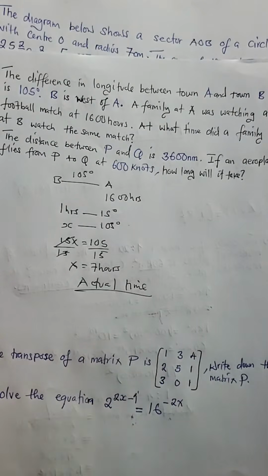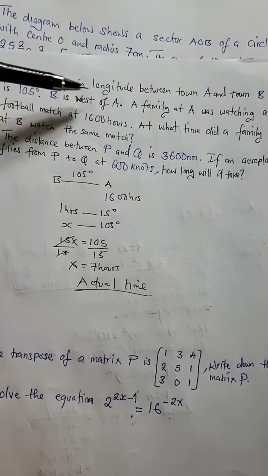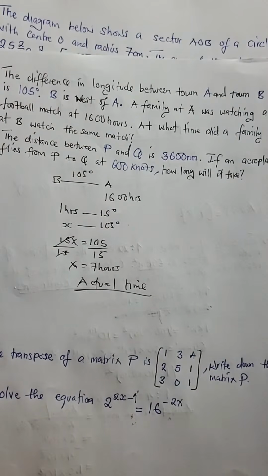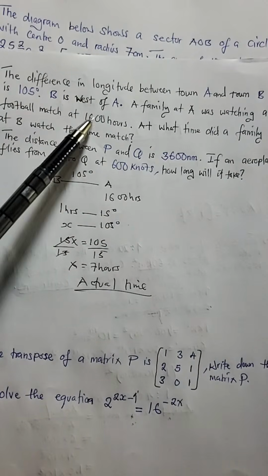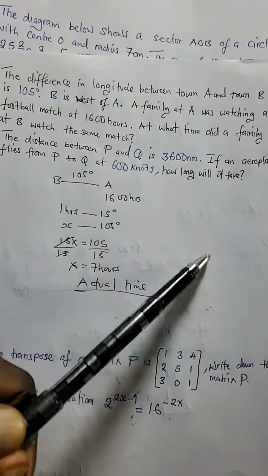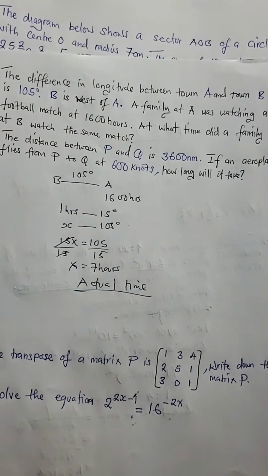For the actual time, we're going to follow what we've been given here: B is west of A. When you are calculating time, on your left side, going to the west, you subtract. To the east, you add.